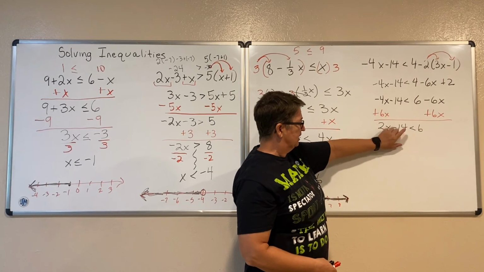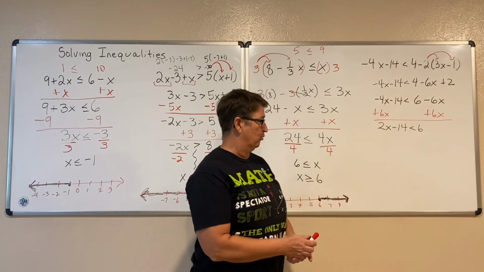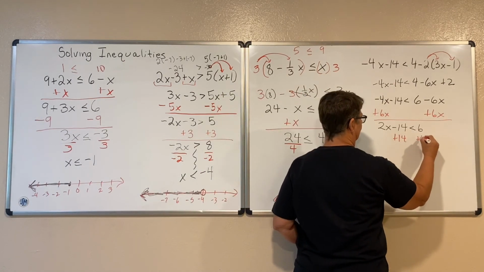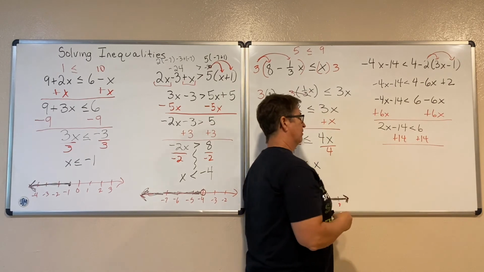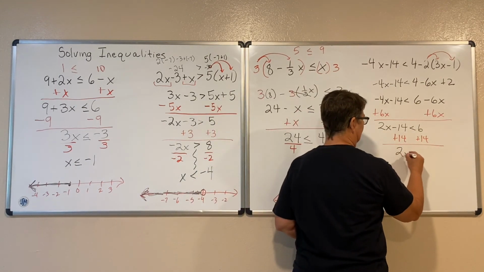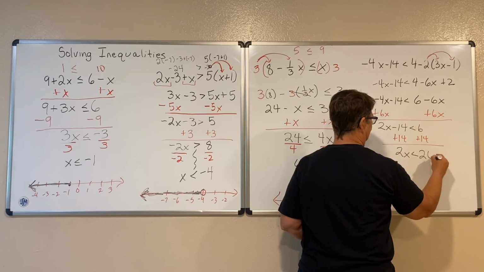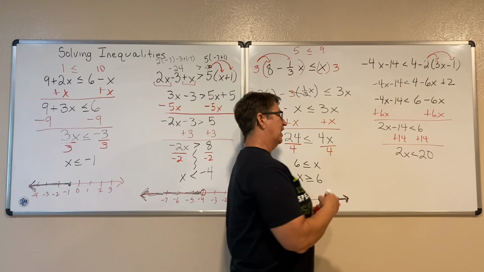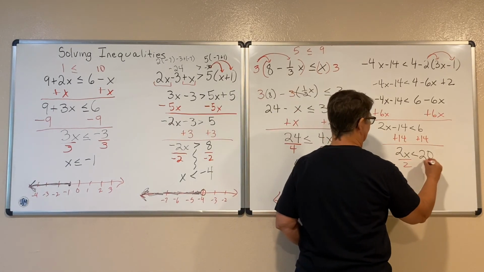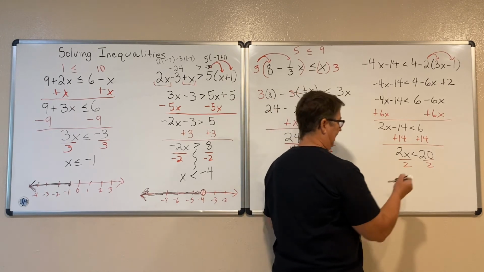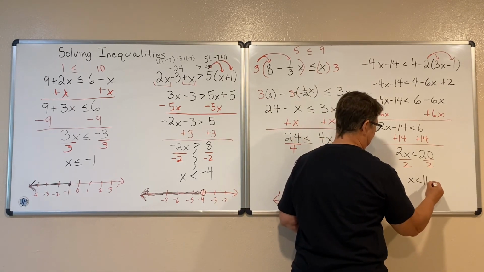Anything not touching it, not clinging to it, we're going to get rid of. So we're going to add that 14 to both sides. So I end up with 2x is less than 20. Divide both sides by a positive 2, so I don't have to worry about flipping the sign. And x is less than 10.